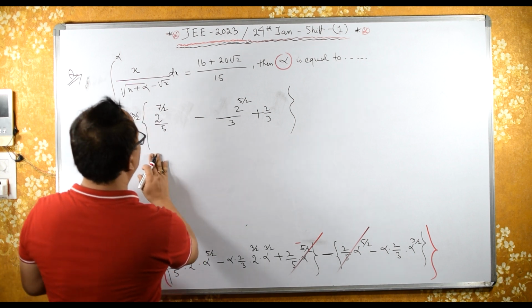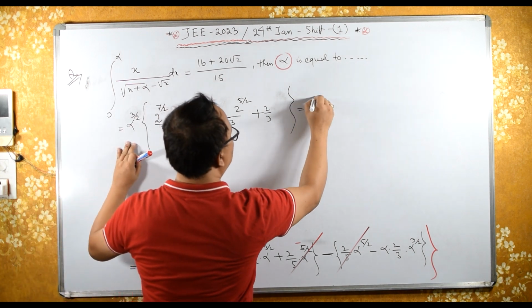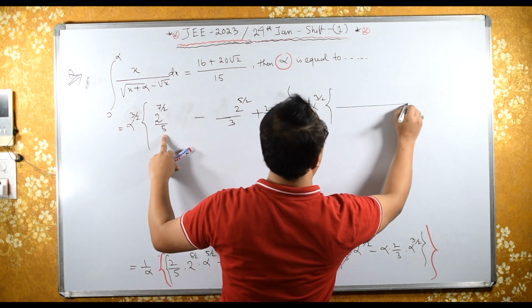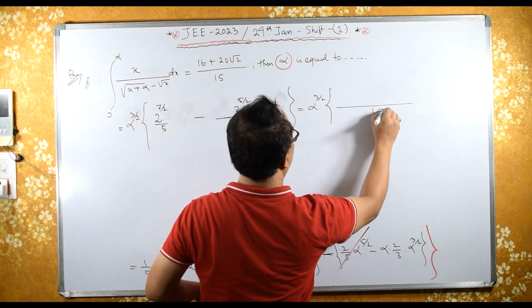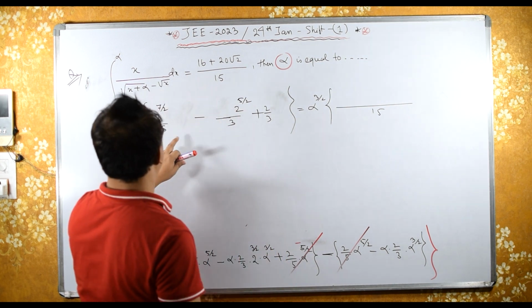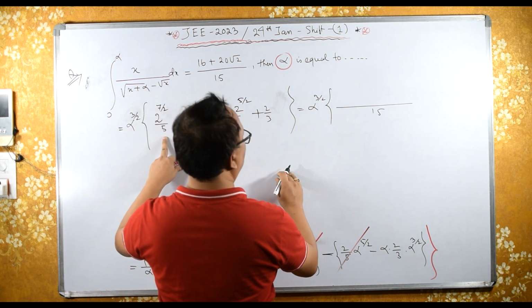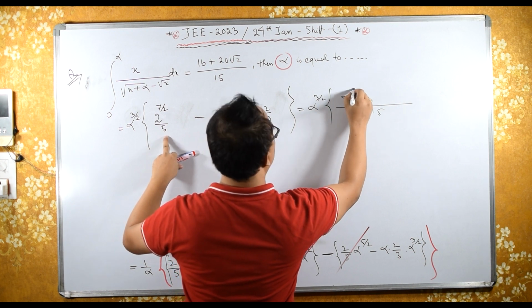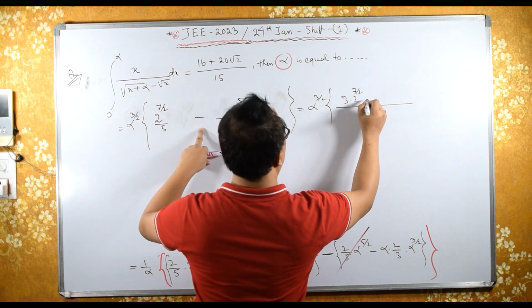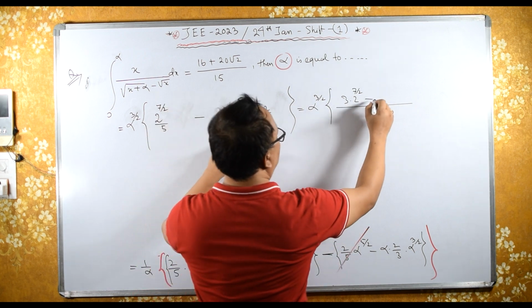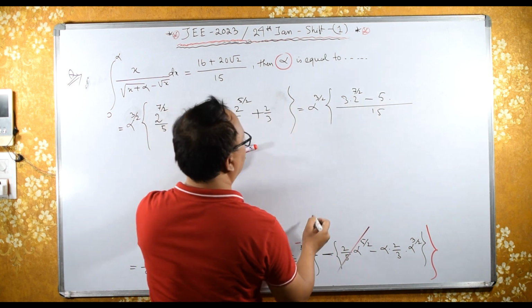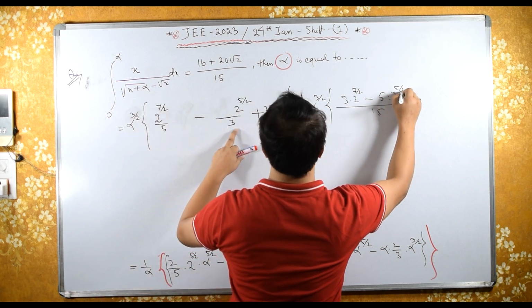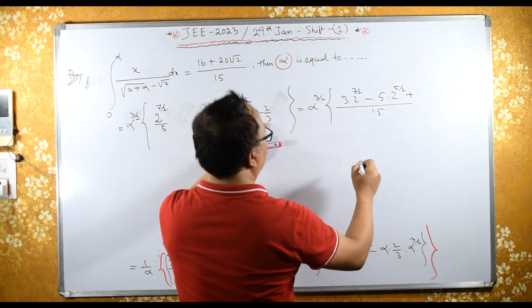So let's take the LCM over here. This is the same as alpha raised to 3 by 2. Here we have 5 times 3 is 15, and here 3. 5 times 3 into 2 into 7 by 2 minus 5 into 2 raised to 5 by 2 plus 10.